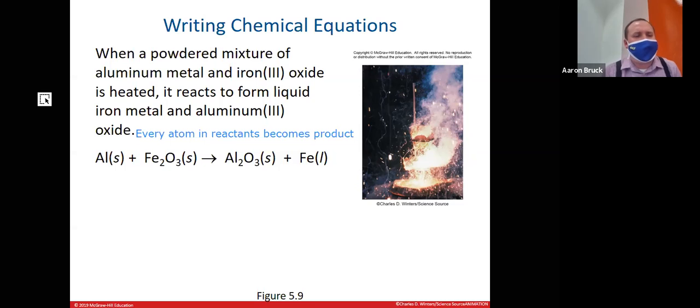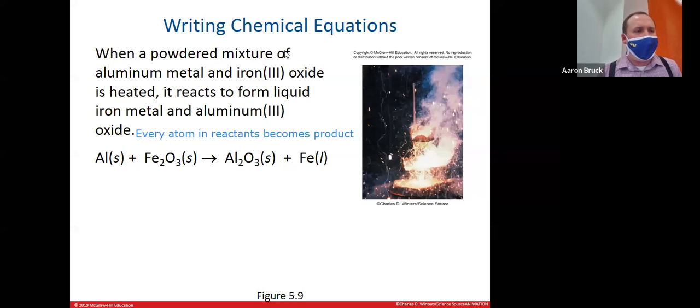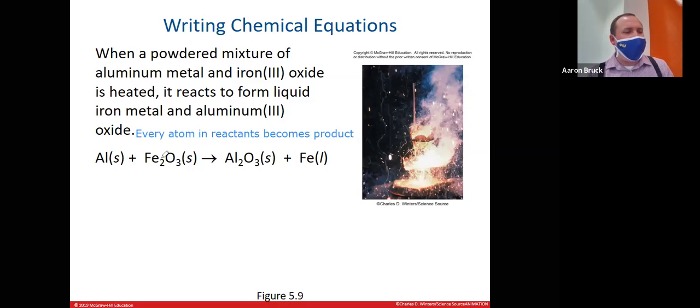But if I look at it from this standpoint, I can see that I am not obeying the law of conservation of mass. After all, I can see that my reactant had 2 iron atoms, but there's only 1 iron atom here. And I only started with 1 aluminum atom here, but yet there are 2 in the product.